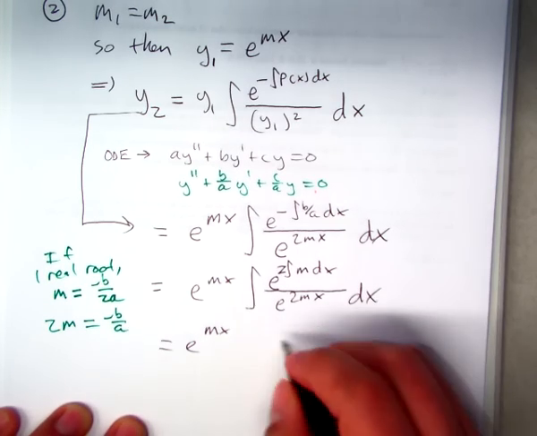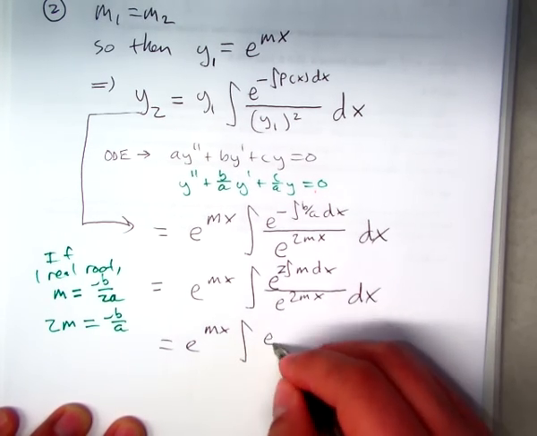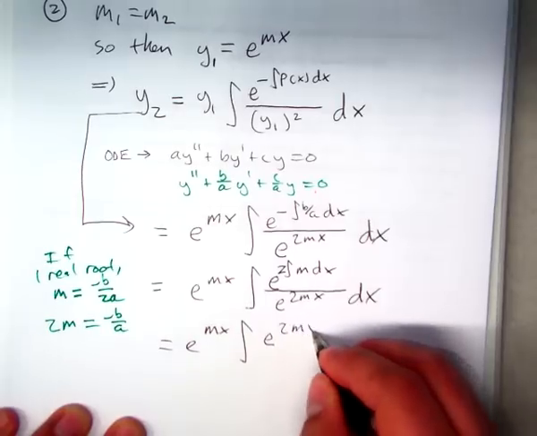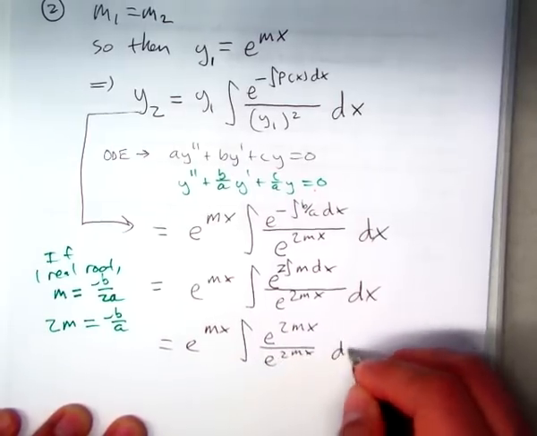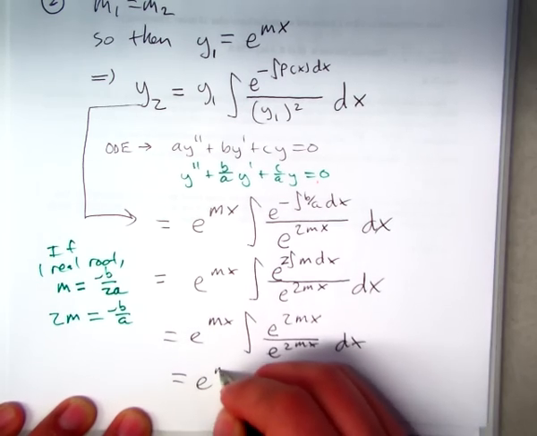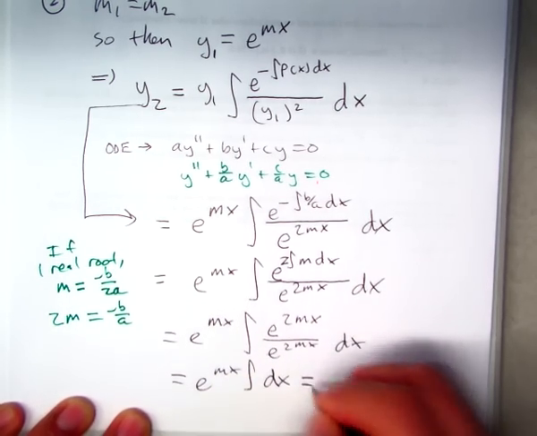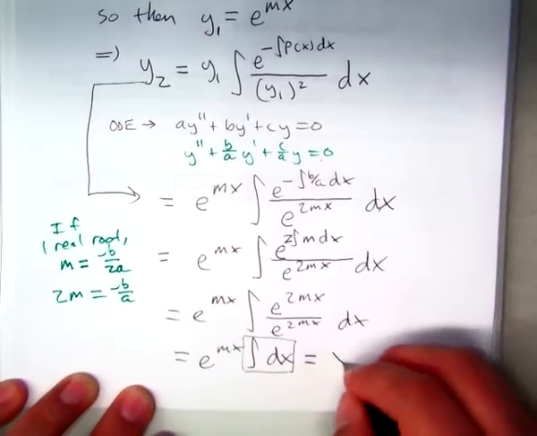And if I integrate, this becomes e to the what? 2mx over e to the 2mx. So then this just becomes e to the mx times the integral of dx, which is what? x.